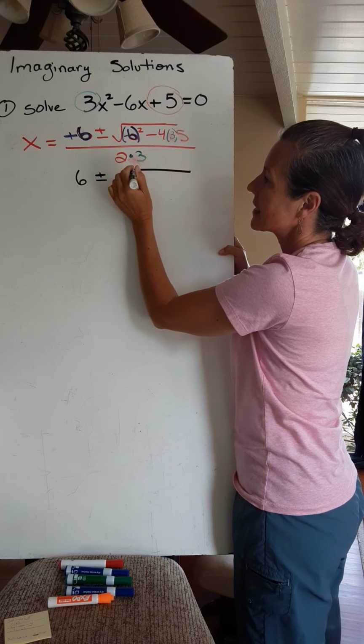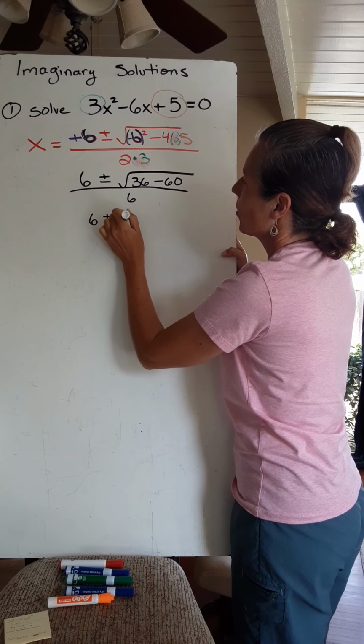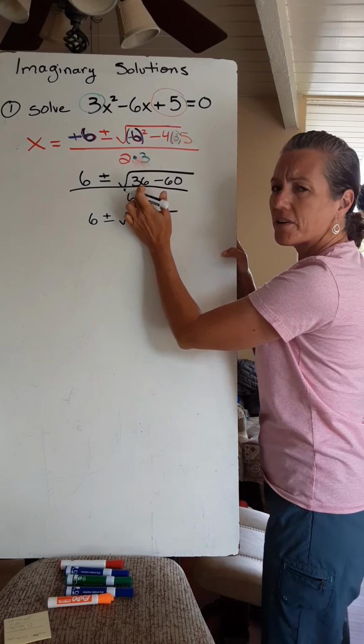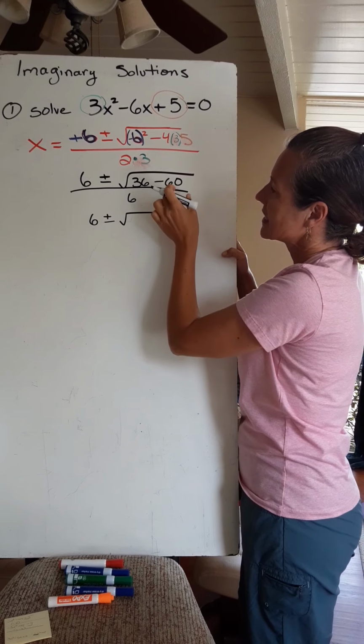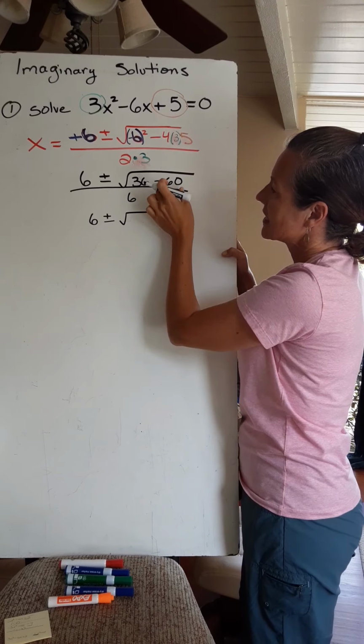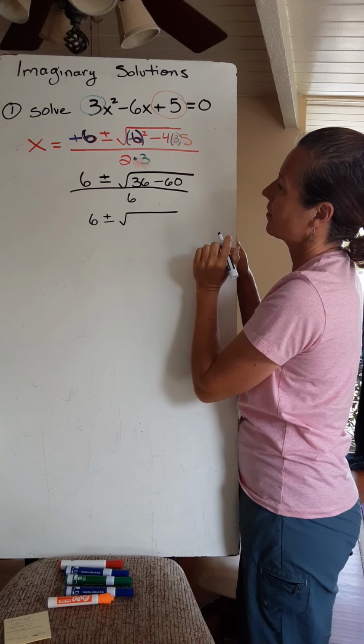Negative 12 times 5 is negative 60. That's all over 6. So we get 6 plus or minus radical 36 minus 60. Since the 60 is larger, we're going to get a negative number underneath there.